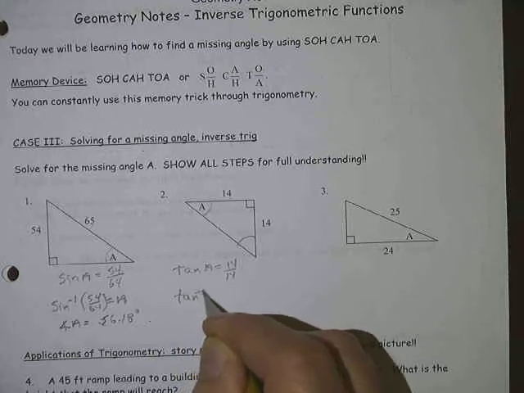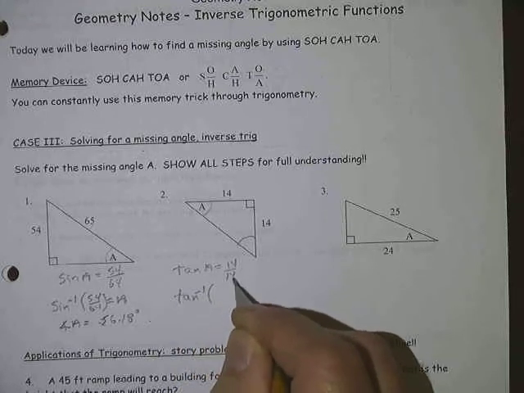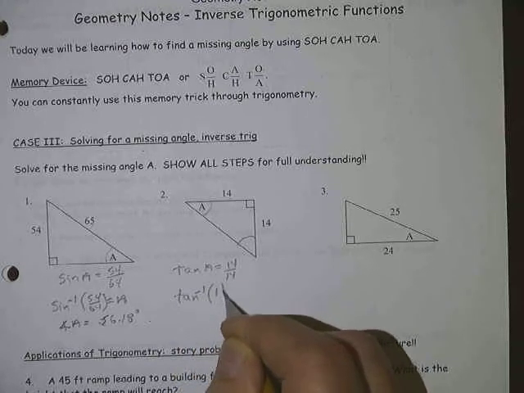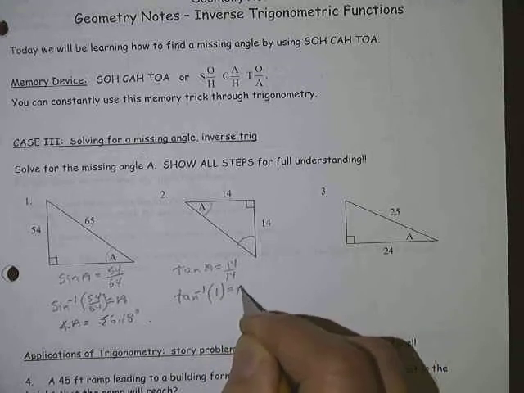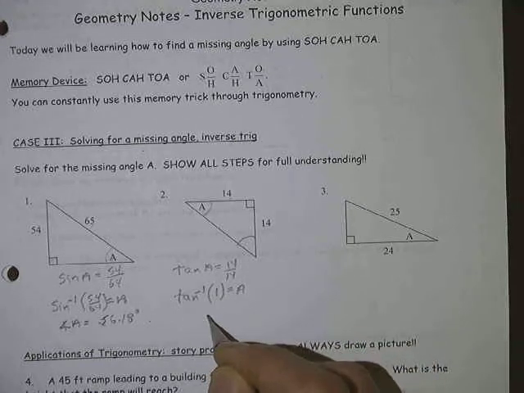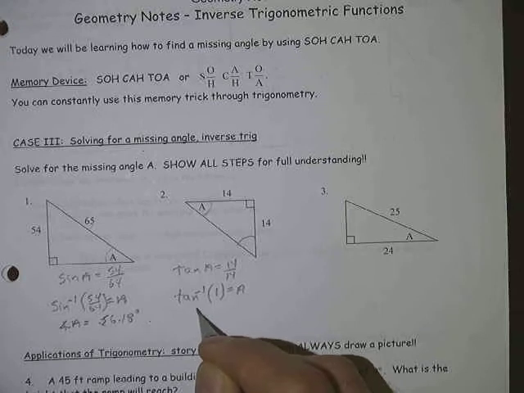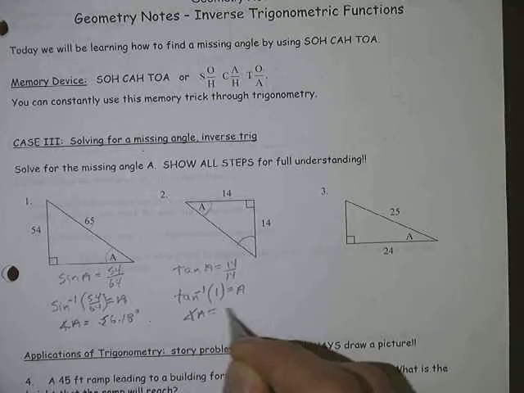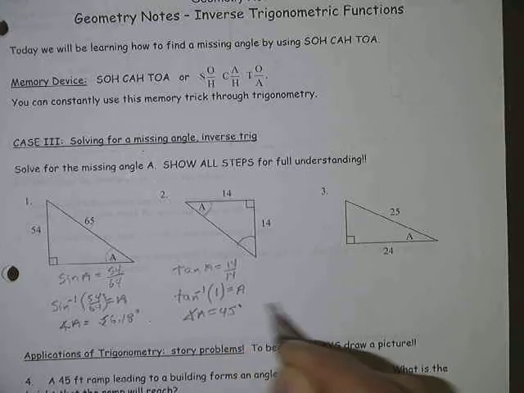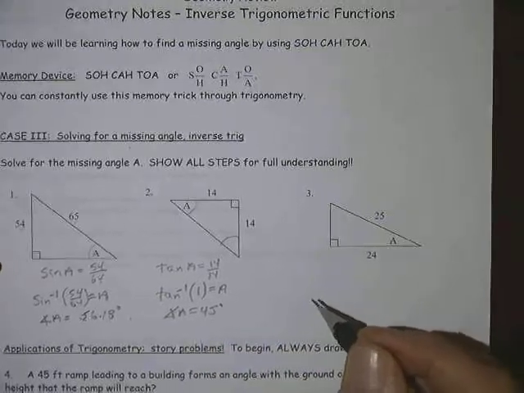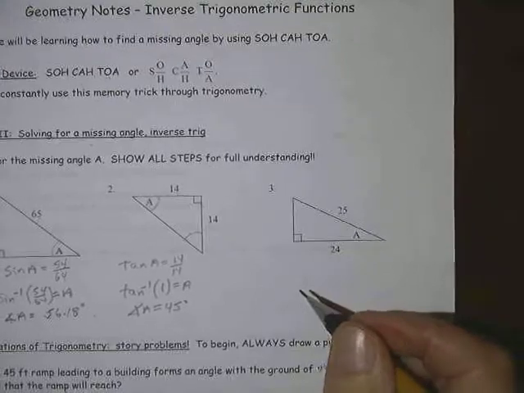If we do the inverse tangent and swap the input and the output of 14/14, or just 1, that's going to tell you what angle A is. In your calculator, you would find that angle A is equal to 45 degrees.